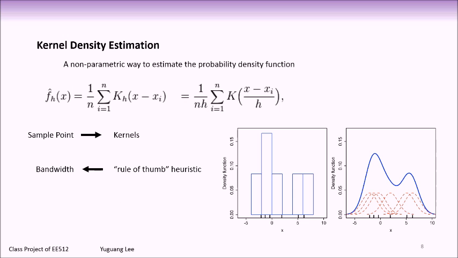Given these samples, we will use kernel density estimation to estimate the distribution function of the samples. So this is a histogram, and you can see that the result is actually composed of different kernels which are Gaussian distributed. We will use the rule of thumb heuristic to figure out the bandwidth, and we will use the sample points as the kernel centers, so that we get a new expression for the resulting distribution.